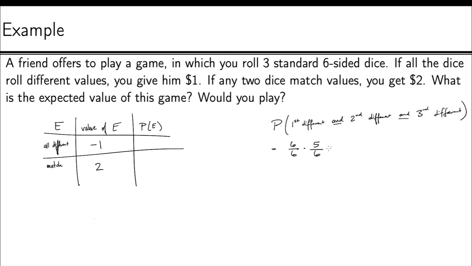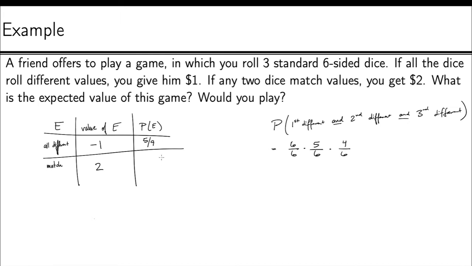And then for the third die, it can't match the first or the second, so there are only 4 possibilities for it to be different out of the 6. So this is 20 out of 36, or 5 out of 9. So all different, that's a 5/9 chance.